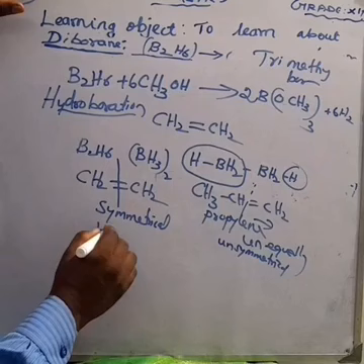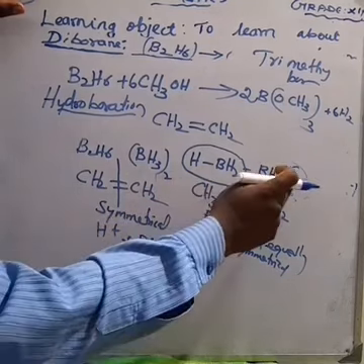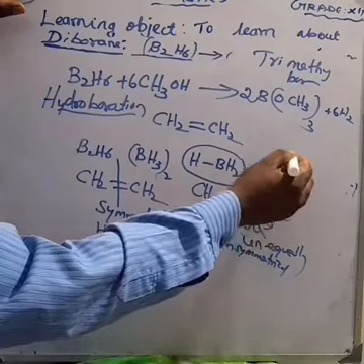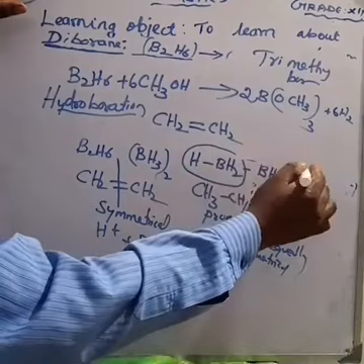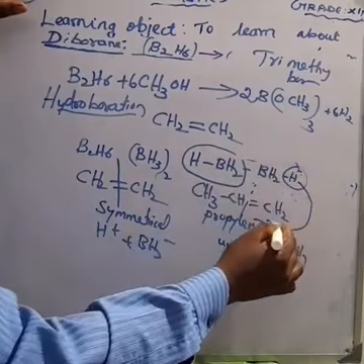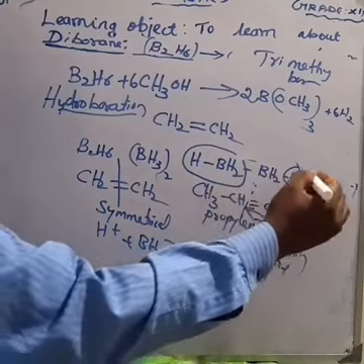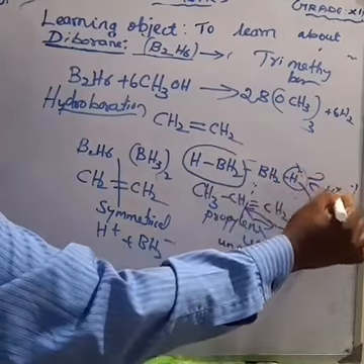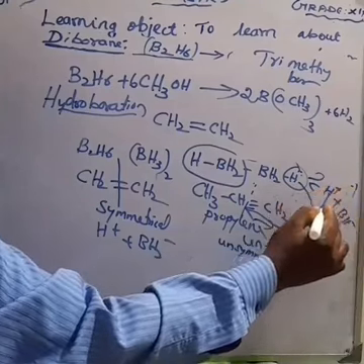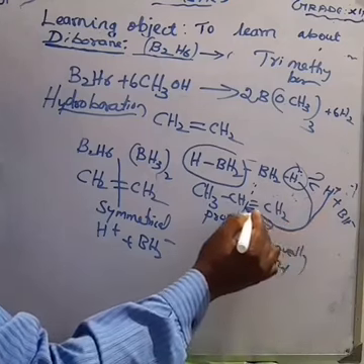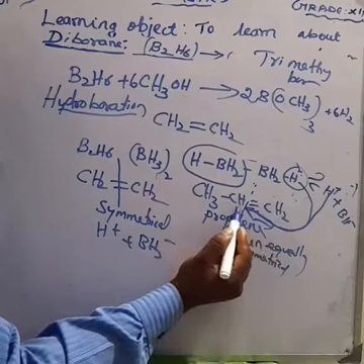What is happening here is that this H+ ion will be attached to the carbon of the propylene having the lesser number of hydrogens. Can you understand the concept? That is the anti-Markovnikov addition. This H+ is attached to the carbon containing the lesser number of hydrogens.